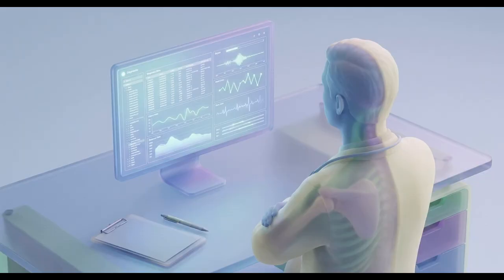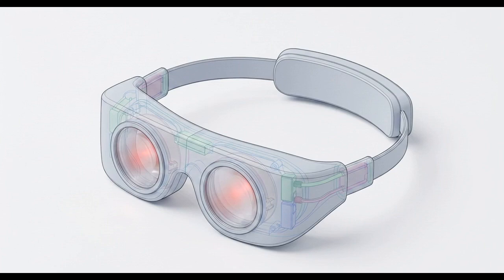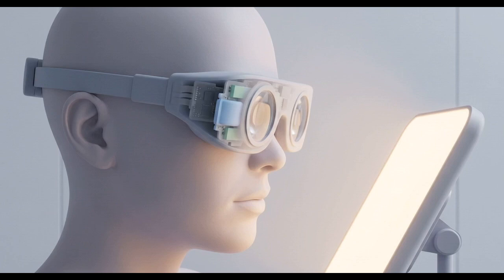The absolute peak of the diagnostic hierarchy requires removing manual human observation entirely in favor of objective, high-tech eye tracking. This is achieved using hardware like the Visograph 3, Readalizer, or iLink systems, which rely on specialized goggles equipped with infrared eye monitoring sensors. The patient wears the tracking equipment while performing specific visual tasks or reading text.